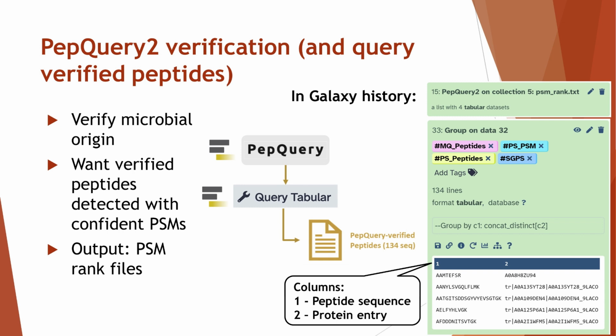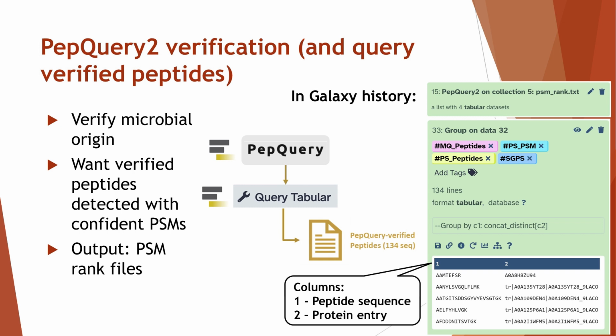You may notice that we are using the second iteration of PepQuery here. The PepQuery tool was developed as a peptide-centric search engine for tandem mass spectrometry data analysis to verify the quality of non-host sequences by assigning p-values corresponding to the confidence level in peptide detection.